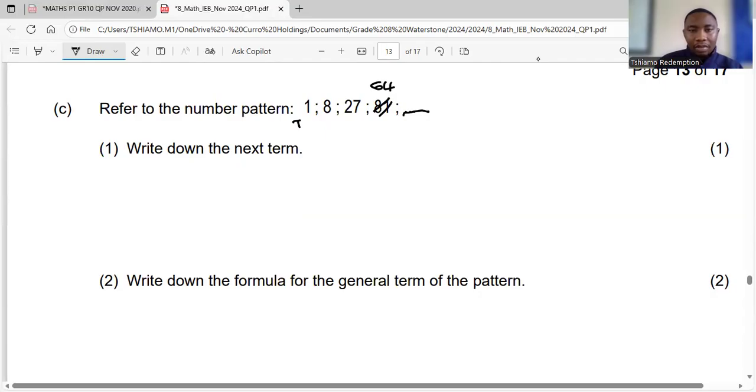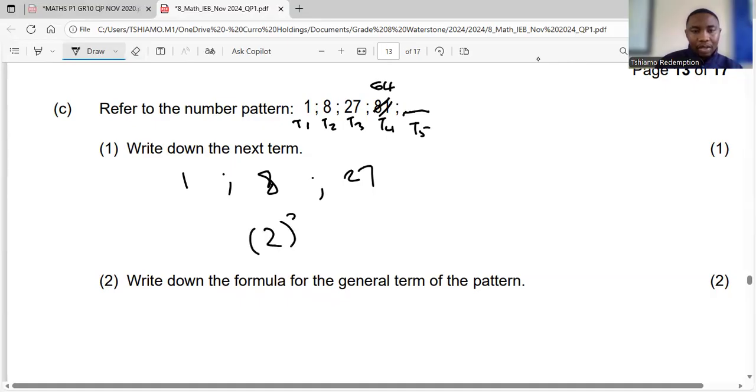So this is term number 1, term number 2, term number 3, term number 4, term number 5. So how are we getting term number 5? You look at the relationship here. 1 and 8 and 27. This is term 2.